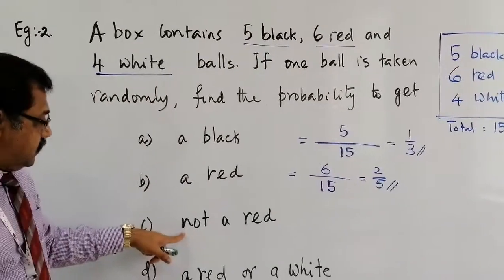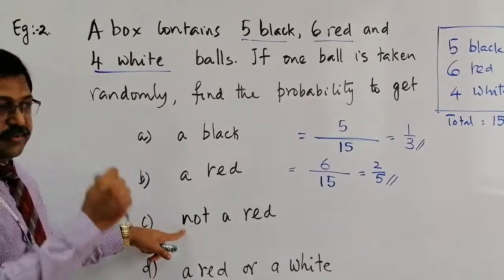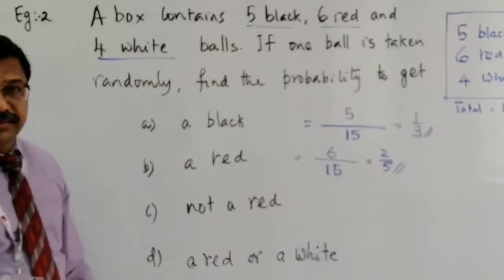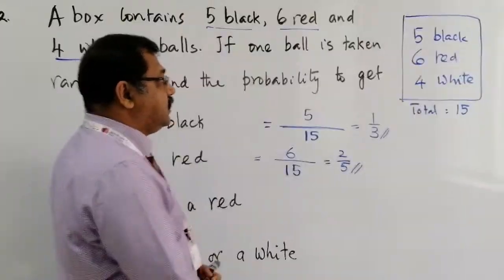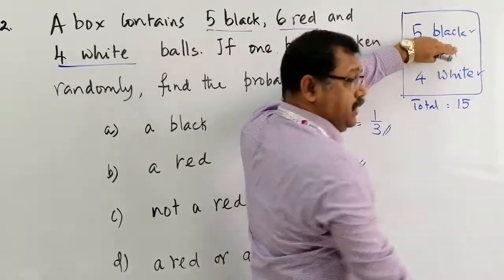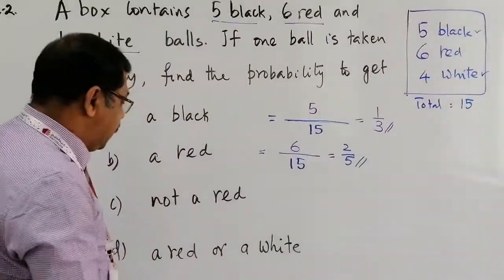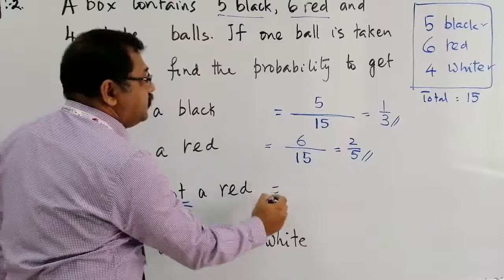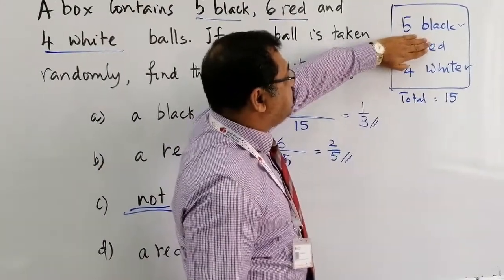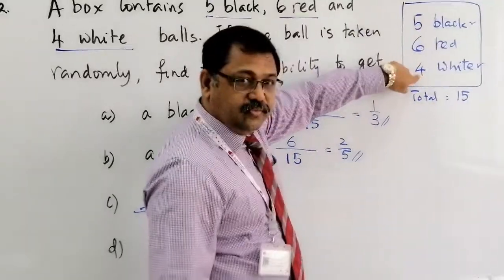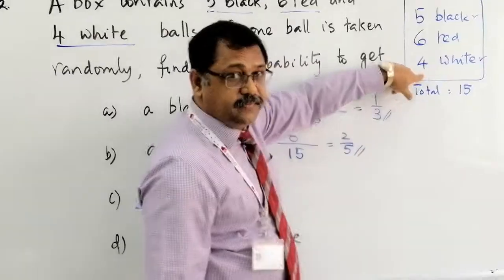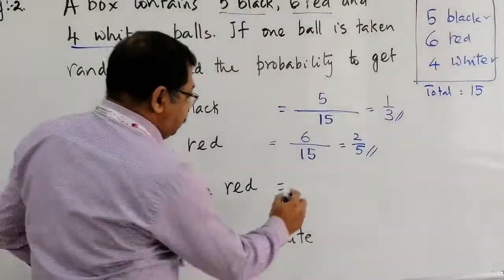Look at the third one. Here you are looking for, if you are selecting a ball, what is the chance of getting a ball that is not a red ball?